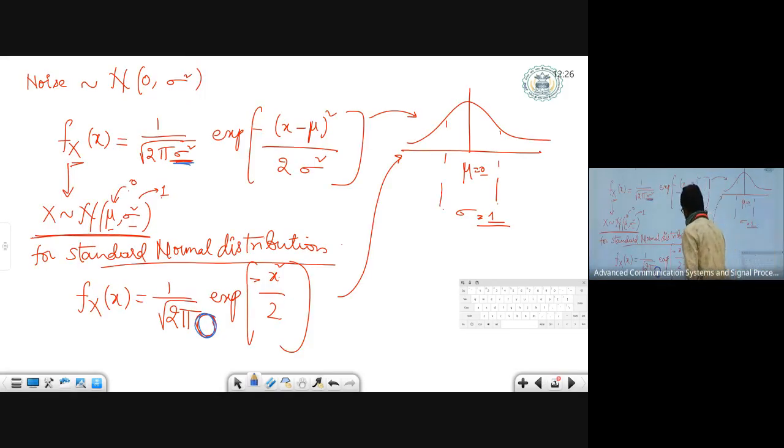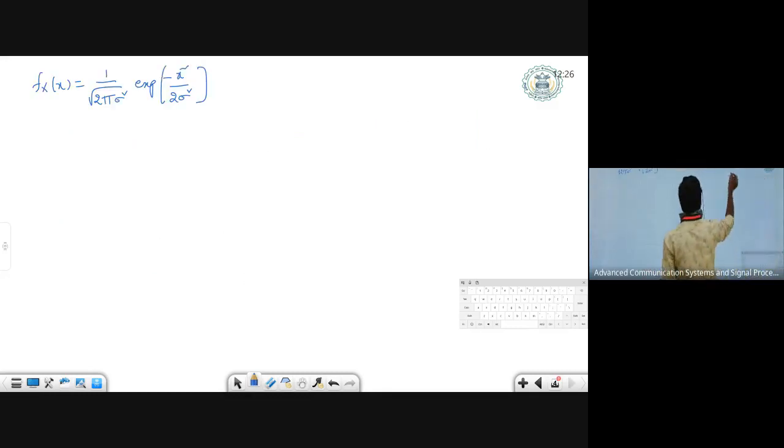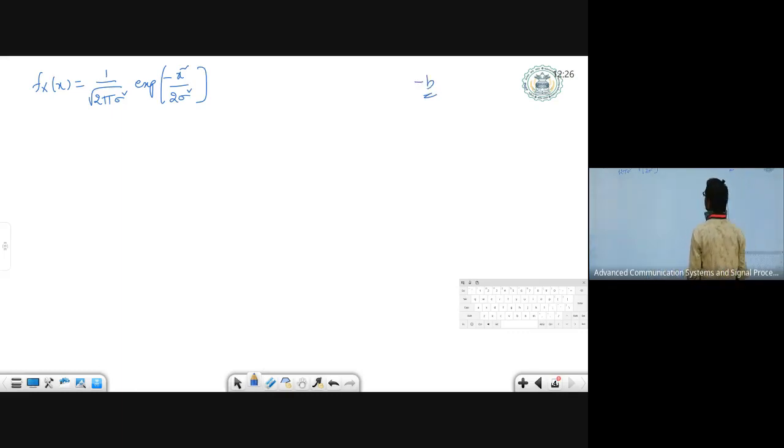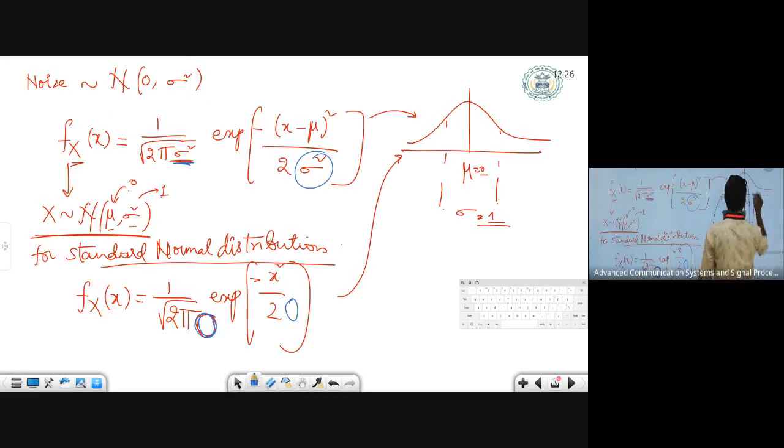Now, when I transmit the symbol minus b, the mean value, see earlier this is the curve. Because we are transmitting the symbol minus b, the mean will be shifted to minus b. I hope people are following.